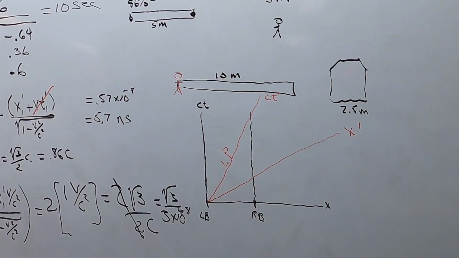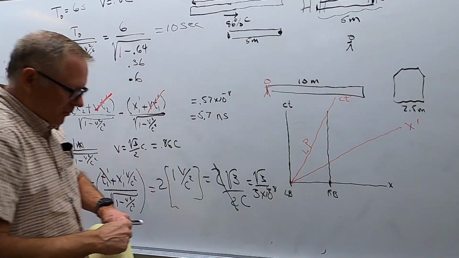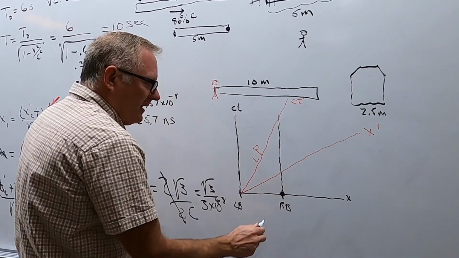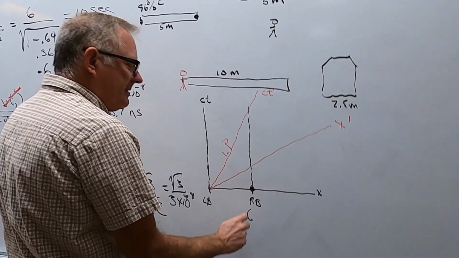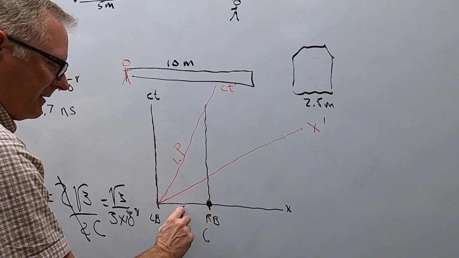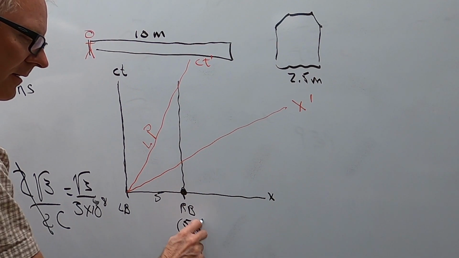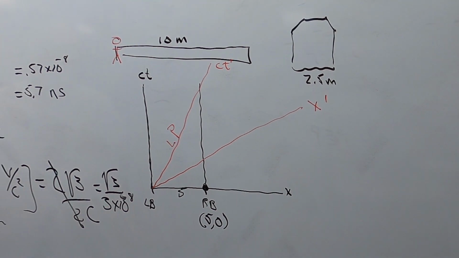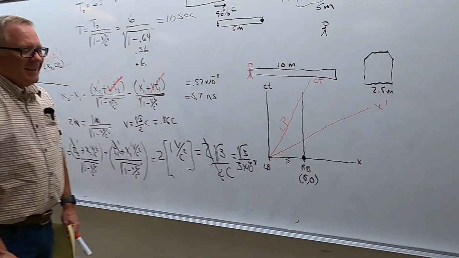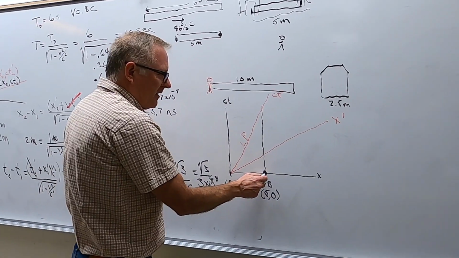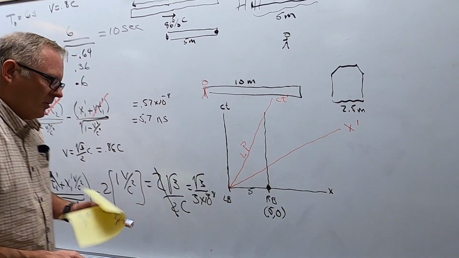Now we know what this point is right here in Frank's frame. This point right there is x equals 5, because the barn is 5 in Frank's frame, and t is 0. If we wanted to get the red point for this spot, what is this in Mary's frame?